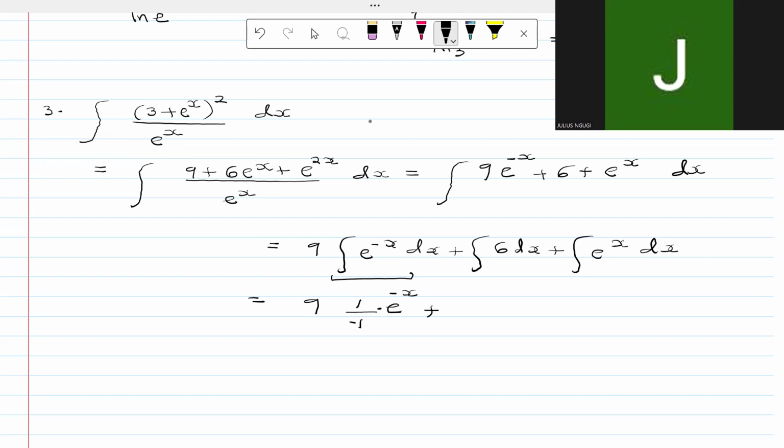Plus the integral of 6 with respect to x is just 6x, plus the integral of e^x is just, again, e to the power of x. Then you multiply by 1 over the derivative of x, that is just 1. Then plus a constant c. So writing it in a clearer manner, you get minus 9 e to the power of minus x plus 6x plus e to the power of x plus a constant c.